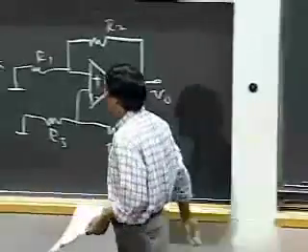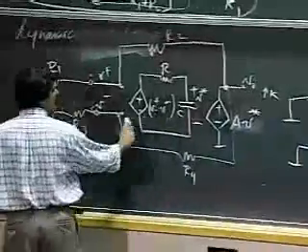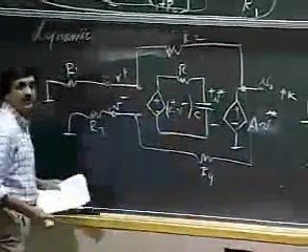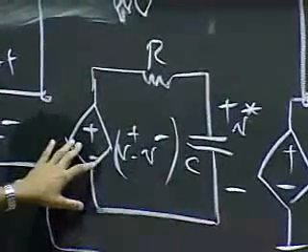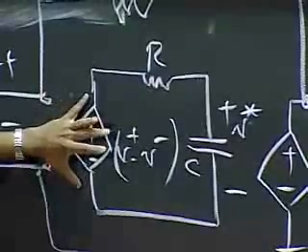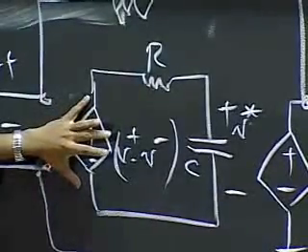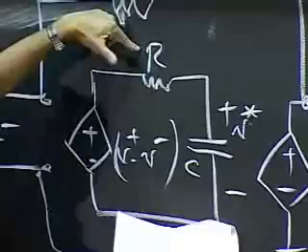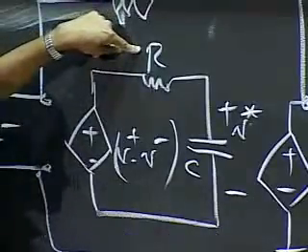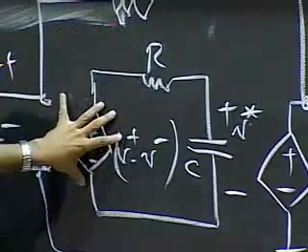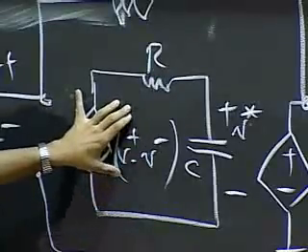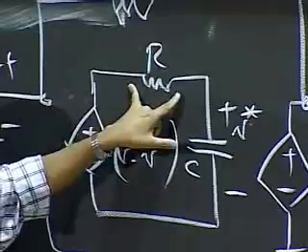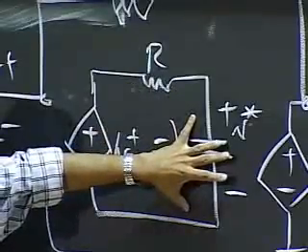So what I'm going to do is start by writing the Goodall equation for this little circuit here. And that equation is simply the voltage here, V plus minus V minus, equals the voltage across the RC. Okay? So V plus minus V minus will be equal to the voltage drop across the resistor plus that across the capacitor.